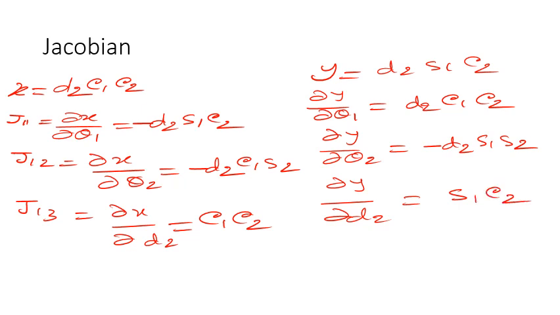And for the case of z, we have d1 plus d2s2.